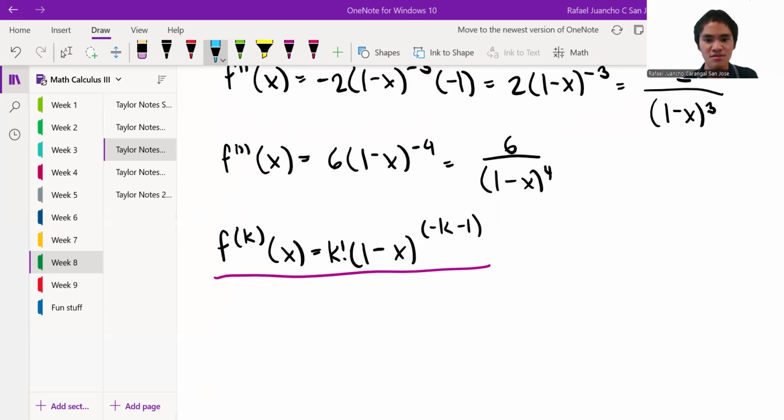Okay. So we have, oops, what am I looking at? The coefficient of x minus 0 to the kth.